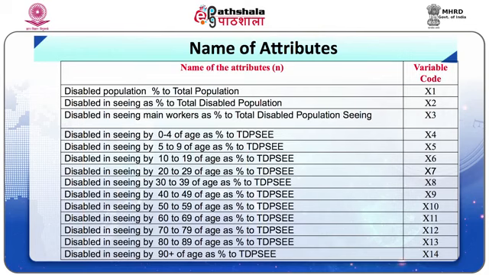For example, 0 to 4 years, disabled in seeing 0 to 4 years, 5 to 9 years, 10 to 19 years, 20 to 29 years, 30 to 39 years, 40 to 49 years, and at this bracket of 10 years, the data taken is up to 90 years and above.